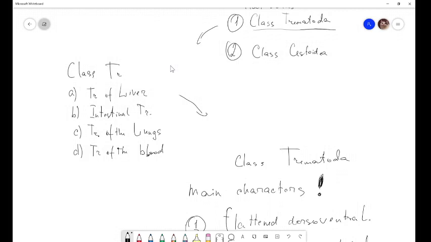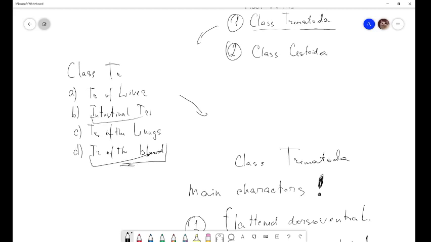We will learn some species, and these species are trematodes of the liver, trematodes of the digestive system, trematodes of the lungs, and trematodes of the blood.